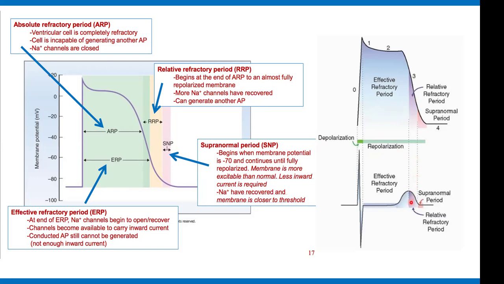If you watch carefully on the ECG, this is a T wave. The ascending limb of the T wave, from the J point to the rise up to the peak, is the effective refractory period.